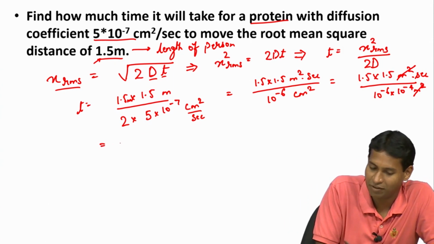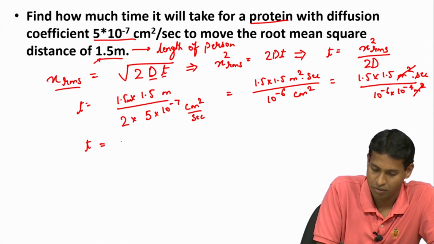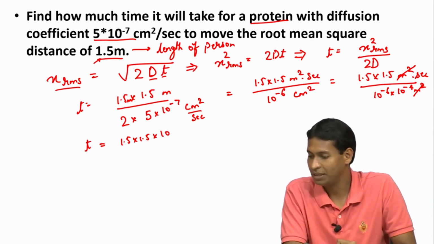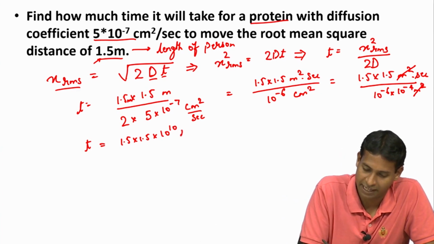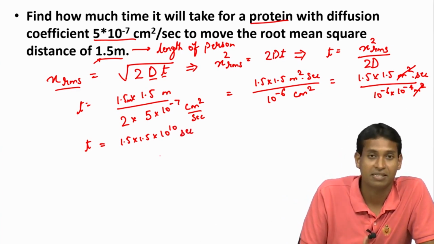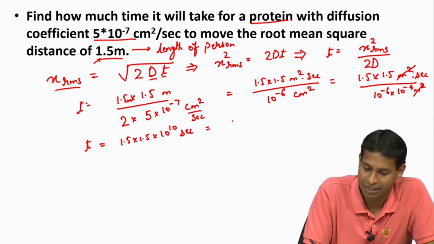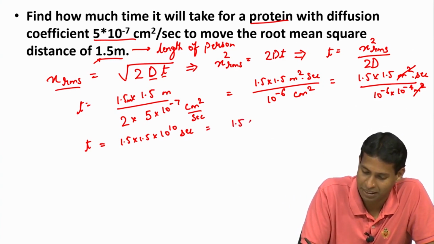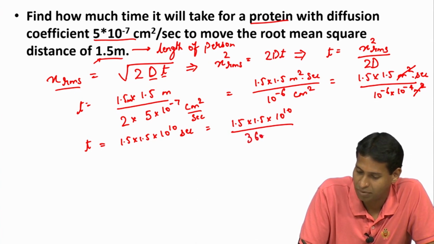So this will then give us t is equal to 1.5 multiplied by 1.5 multiplied by 10 to the power 10 seconds. So now this is quite a lot of time, right? If I convert this to, let us say, hours, I will basically do this, so this will be hours.